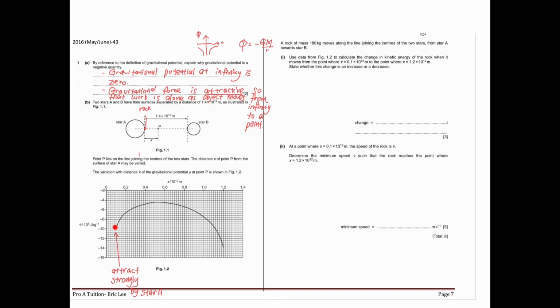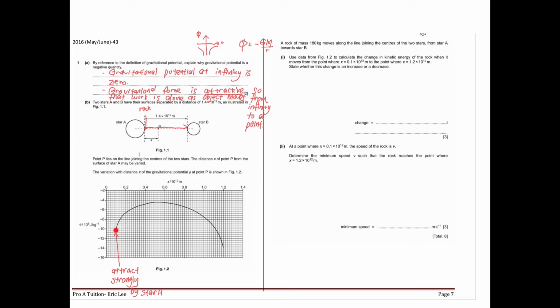Now let's come back to the question. The rock moves towards star B. Imagine I put an arrow here on figure 1.1. The rock is moving towards star B. Let us understand what happens here based on the graph.